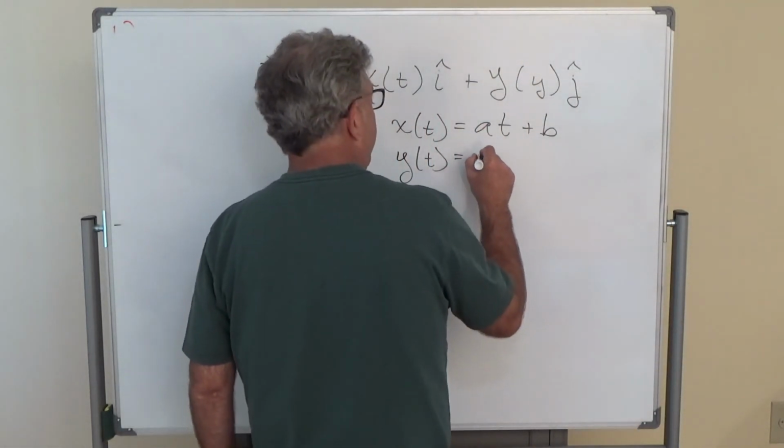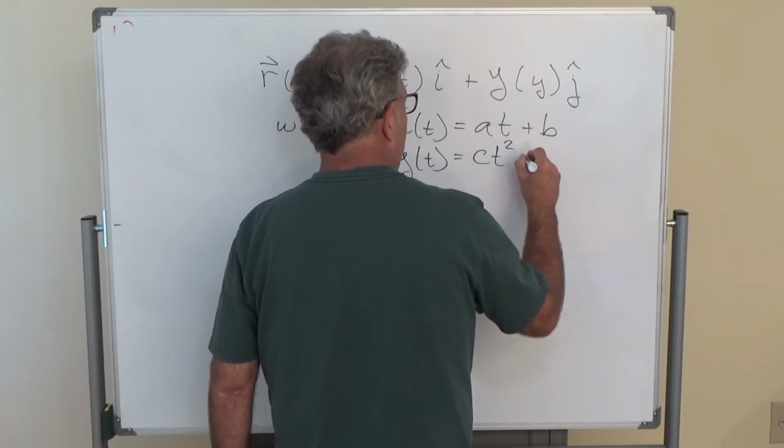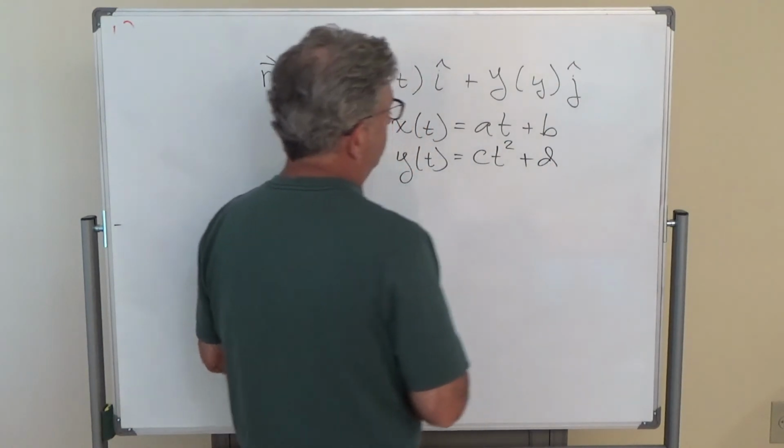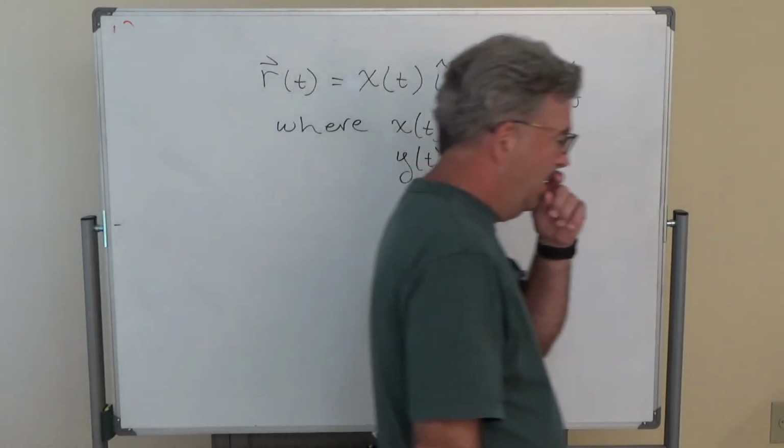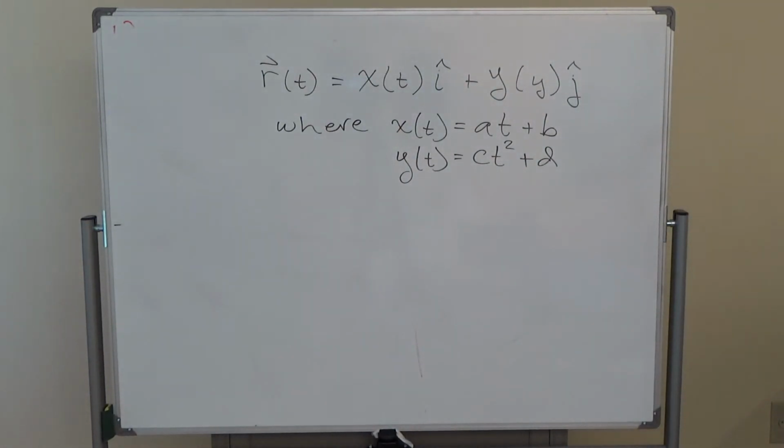So y is quadratic. That much we know. So they give you values for A, B, C, and D.